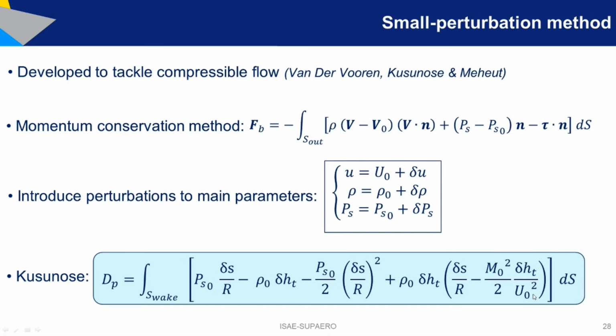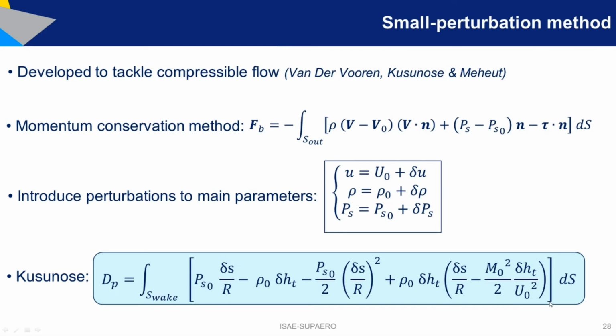So basically, introducing these perturbations allows you to avoid using the Bernoulli equation in order to manipulate all these expressions, and you have something that is wake-based, as you can see here. All these parameters, entropy generation, enthalpy, and so on, are wake-based, so you can actually compute drag based on wake data by following a completely different approach.